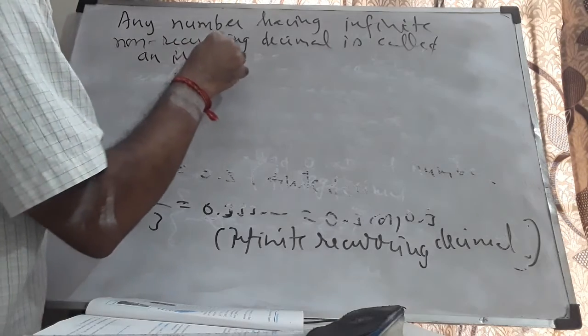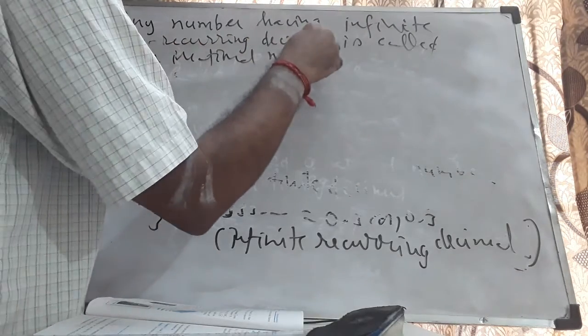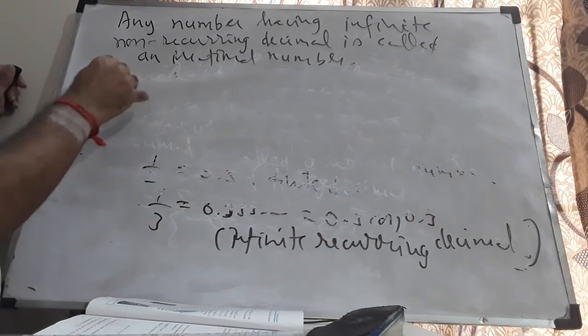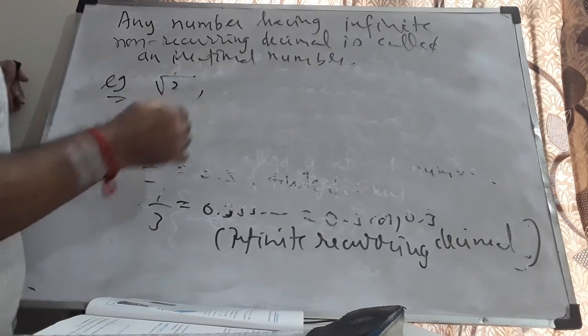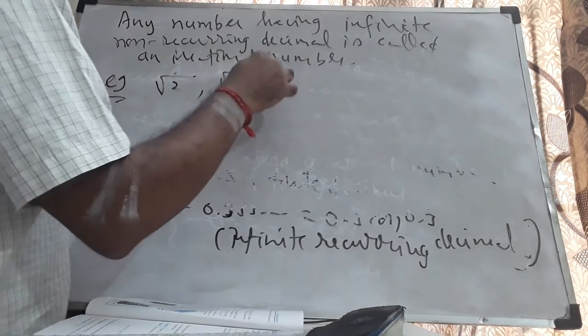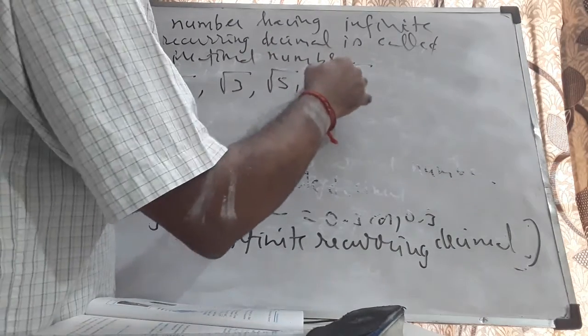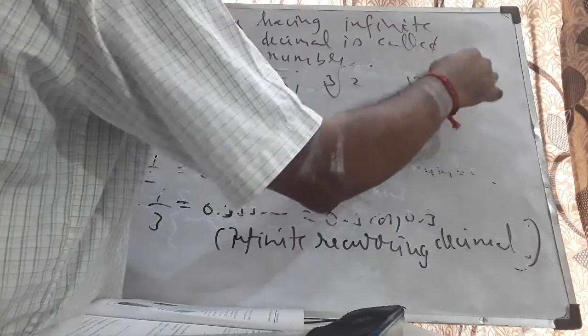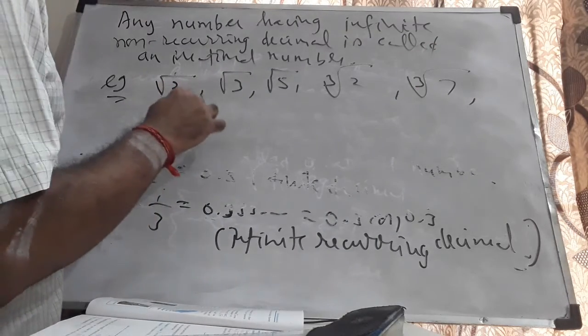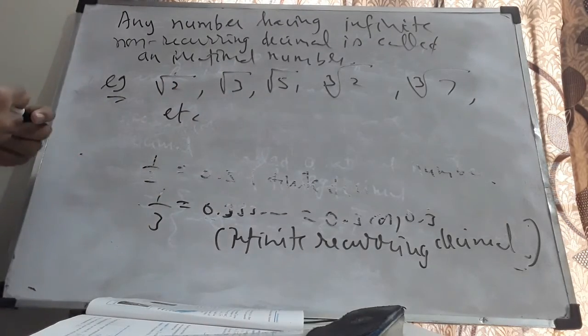Such a number is called an irrational number. Examples here: root 2, root 3, root 4 is of course 2, you know very well, root 5, cube root of 2, cube root of 7, etc. are examples of irrational numbers.